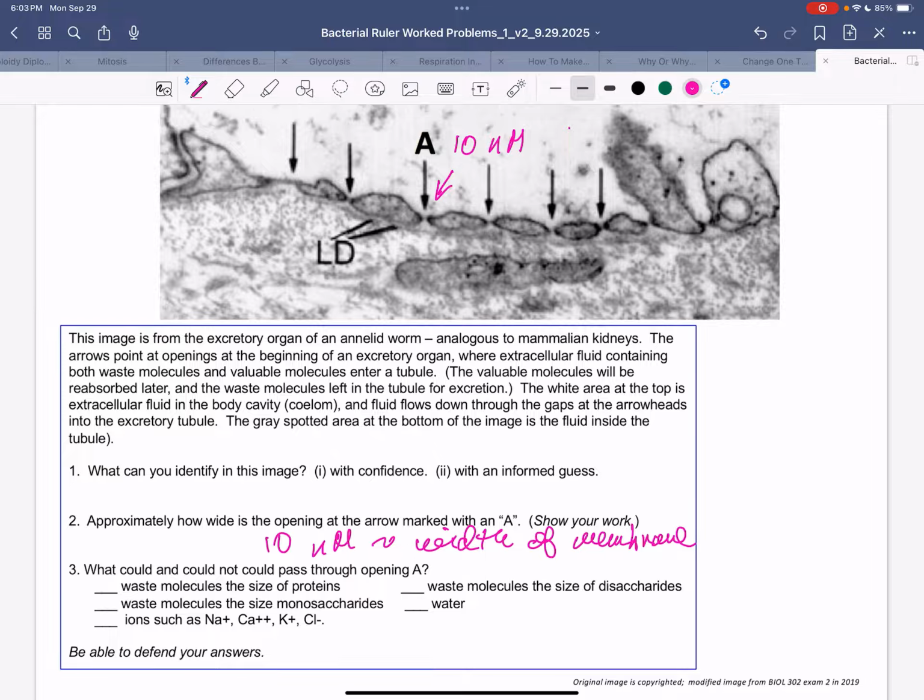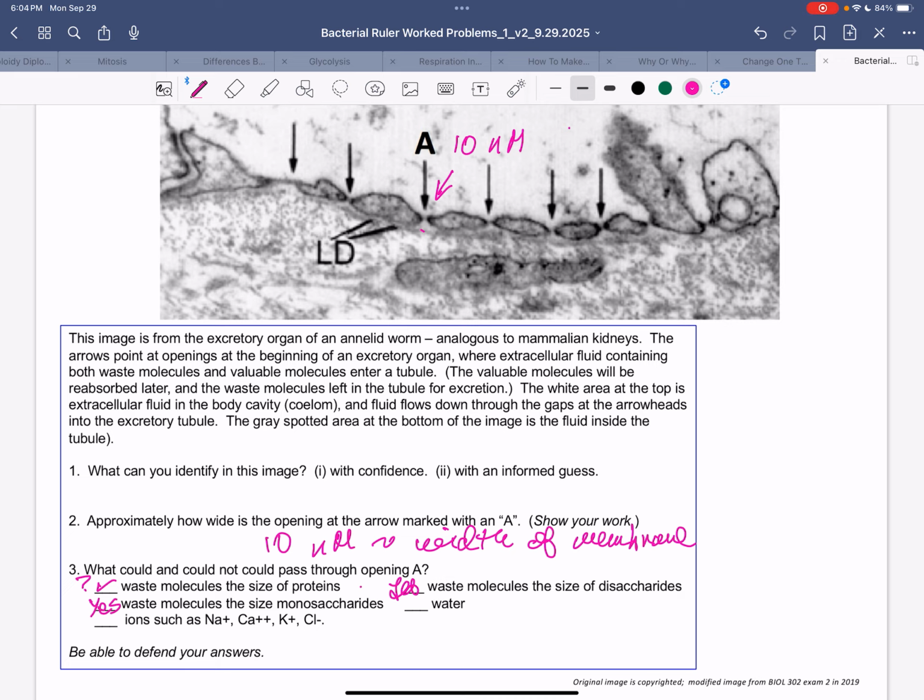So what could or could not pass through opening A? Waste molecules such as proteins? Maybe. Small proteins, potentially. Big proteins, no. If we've estimated it correctly, even medium-sized proteins at about 10 nanometers, medium to largish, would be able to go through. So we can tentatively put it down as a question mark. Waste molecules the size of monosaccharides? Yes, for sure. Waste molecules the size of disaccharides?